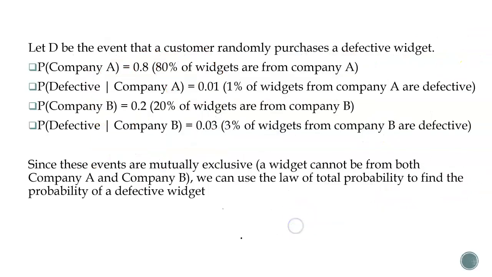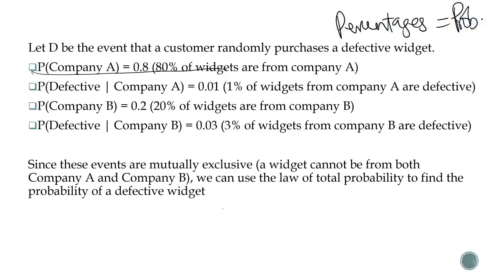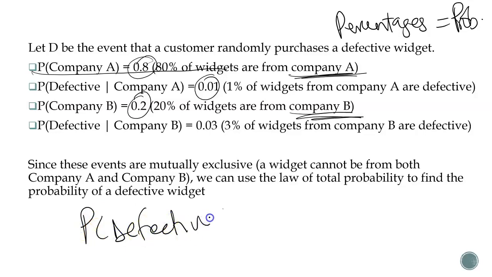So as usual, let's look at the items they give to us in the question. We've already looked at how we can represent percentages as probability. So 0.8 will be the probability of picking any item that comes from Company A, and 0.2 for Company B. The 1% will be the probability that it is defective, given that it is coming from Company A, that will be 0.01.